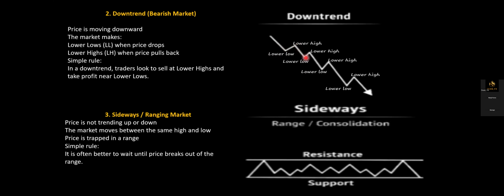By the way, market structure is a core pillar of any strategy. Most traders using ICT, SMC and all that usually have market structure, because market structure is the backbone of the market. You have to understand market structure first. So as traders look for sells at the lower highs, they target the lower lows.